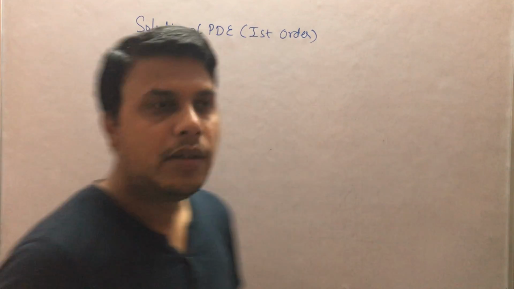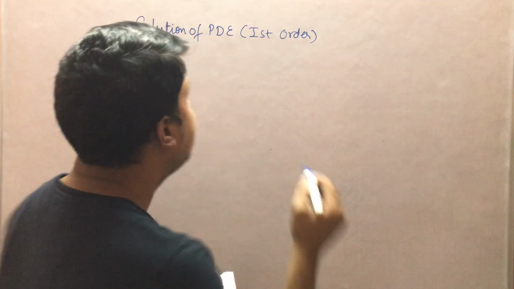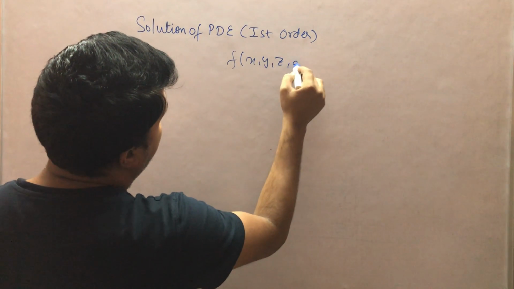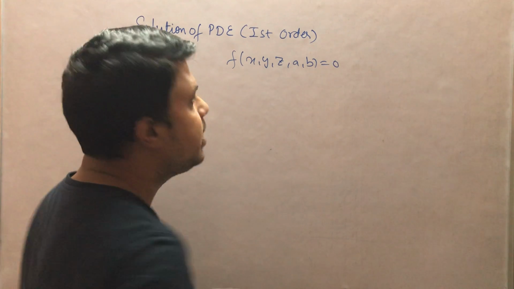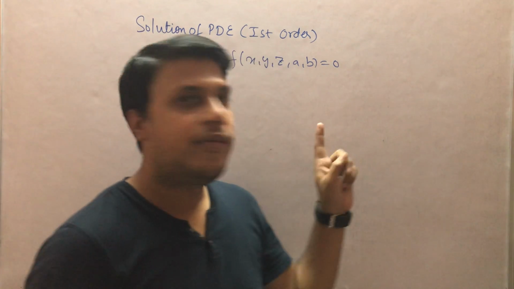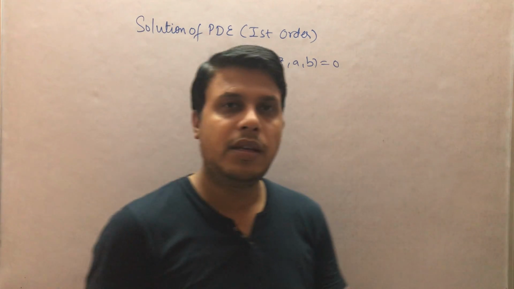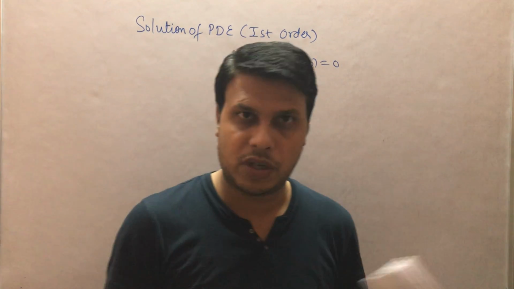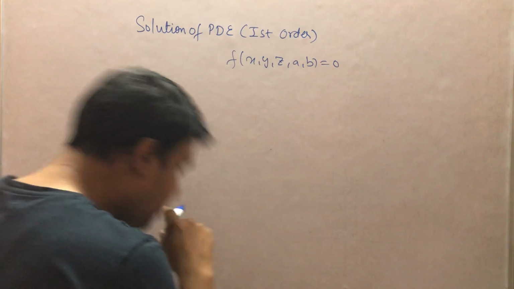Okay, so there is an equation which can be written in the form f(x, y, z, a, b) equals 0, where a and b are arbitrary constants. Then what will be the solution of this differential equation?